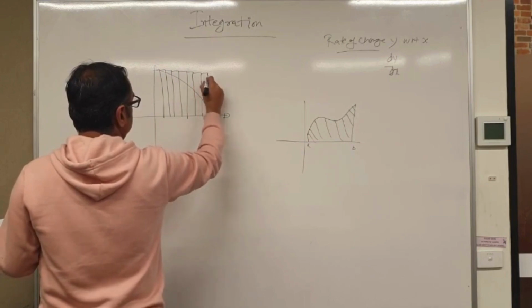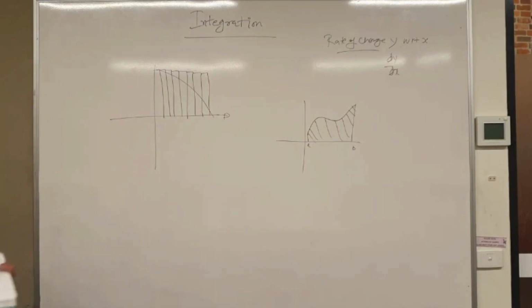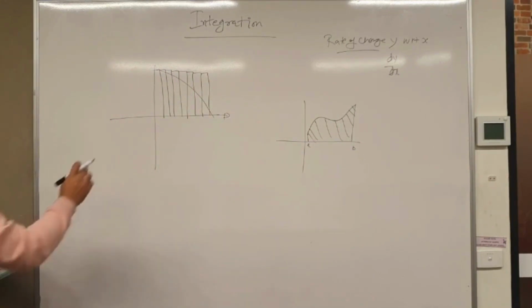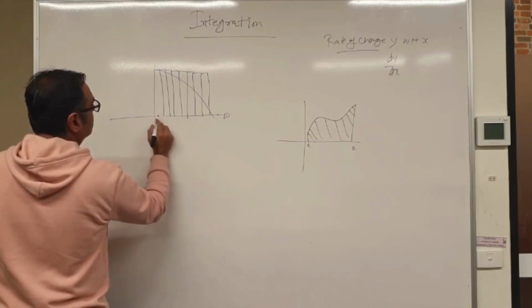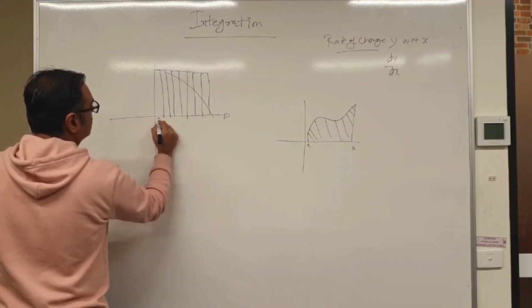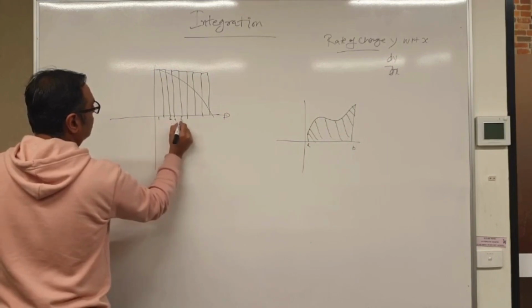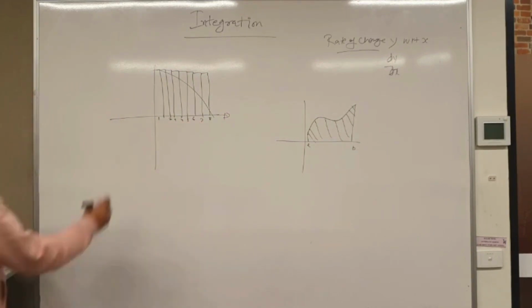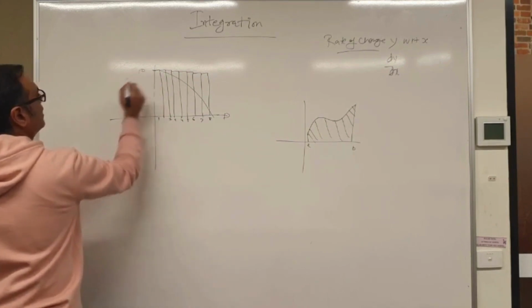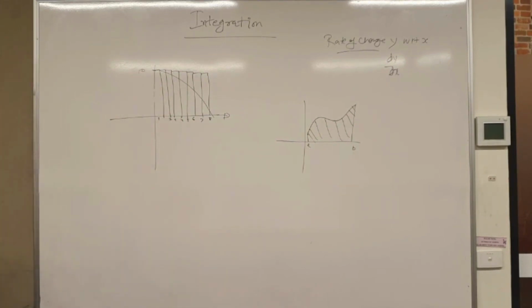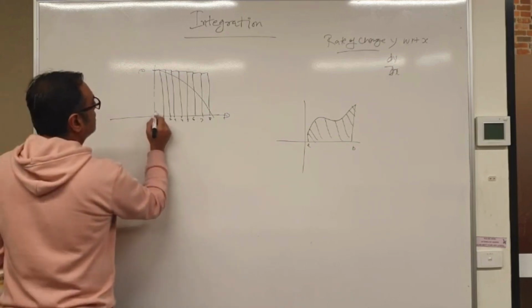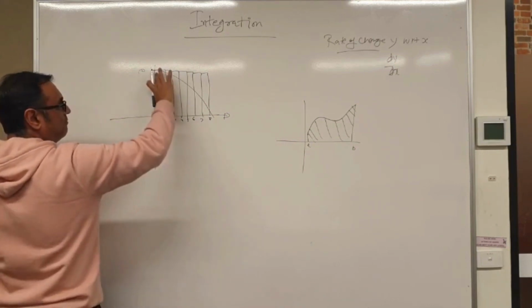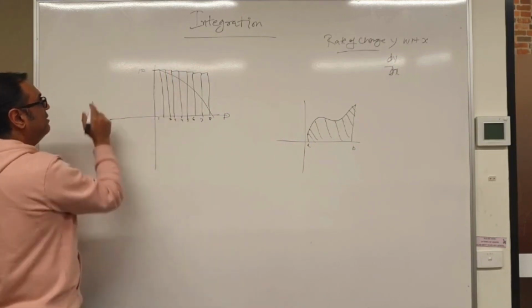Right? And let's say they're equal, so they are 1 unit apart, right? There's 1, 2, 3, 4, 5, 6, 7, 8. And the height is the same, right? Let's say this was 10. So what am I doing? What's the area of one rectangle? 10 times 1, which is 10, right?